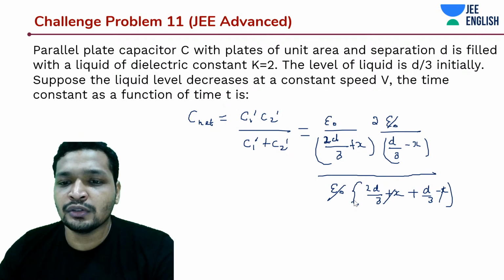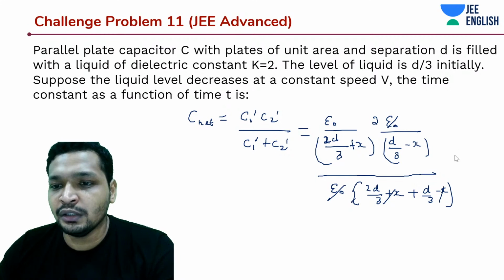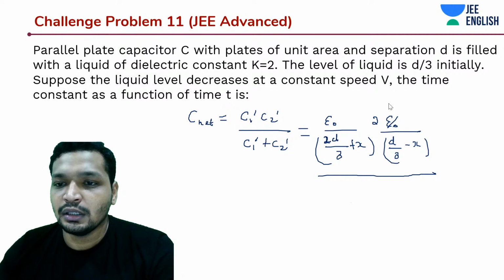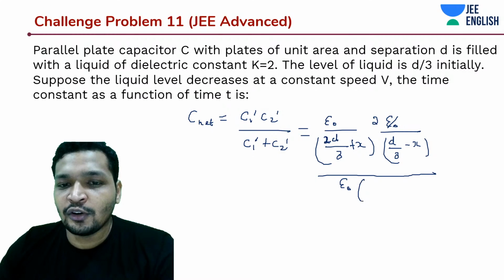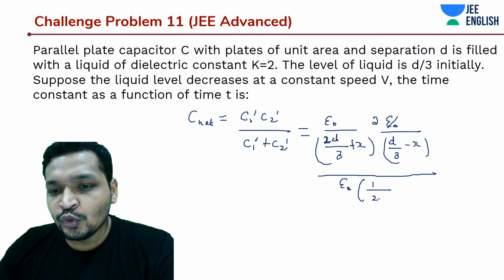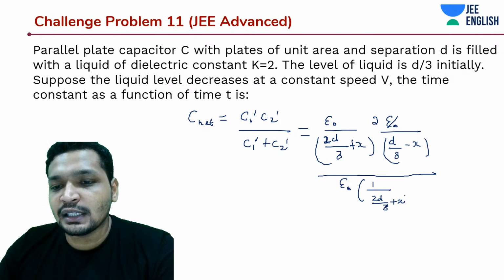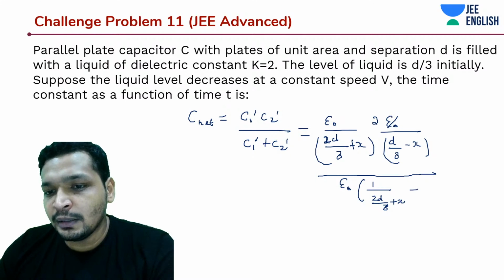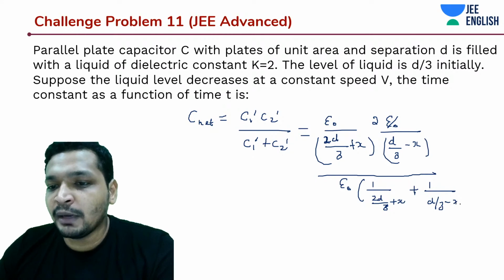Sorry, I think one mistake happened over here. What was that mistake? This is epsilon naught, 1 over 2d by 3 plus x, plus 1 over d by 3 minus x.